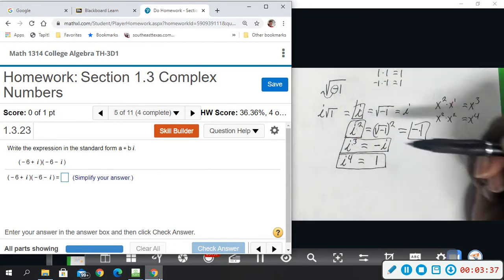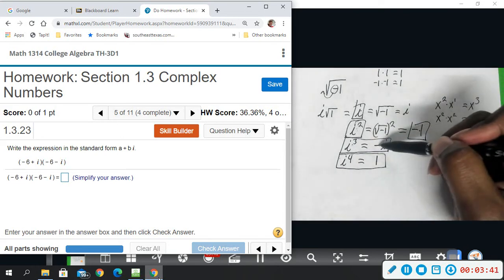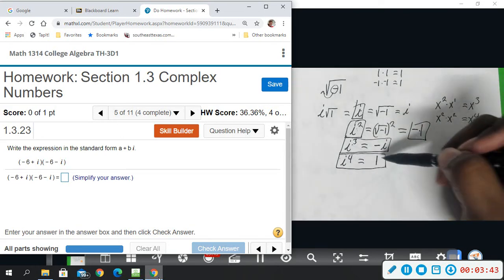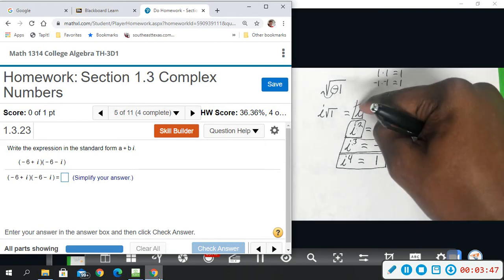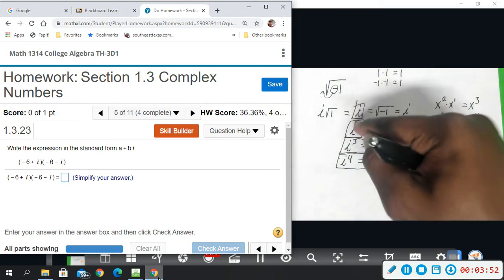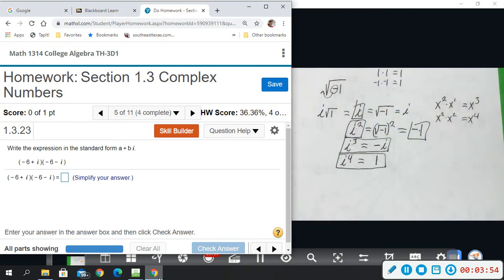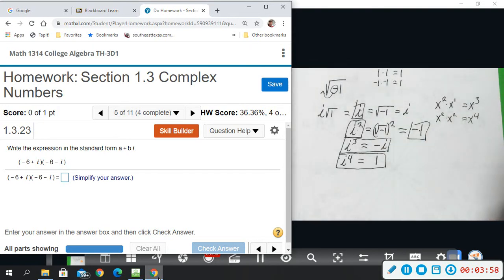So we have I squared, which is -1, I cubed, which is -I, and I to the 4th, which is 1. And then if we went to I to the 5th, it would just start over. 5th, 6th, 7th, 8th, 9th, 10th, 11th, 12th, and it just counts. So higher powers still simplify to one of these 4.